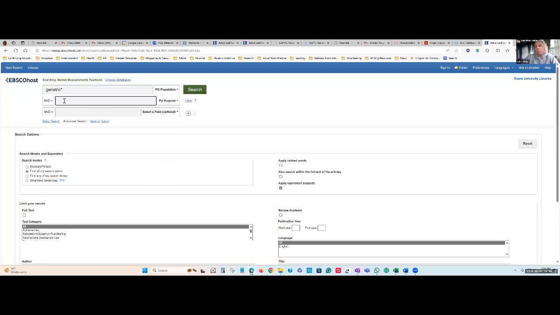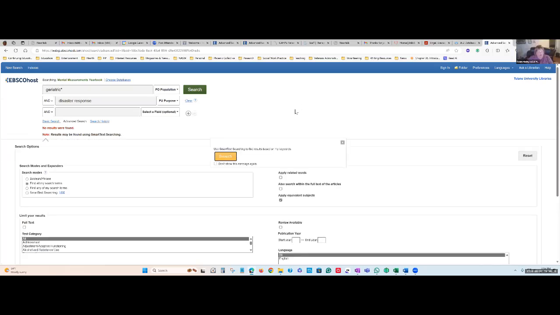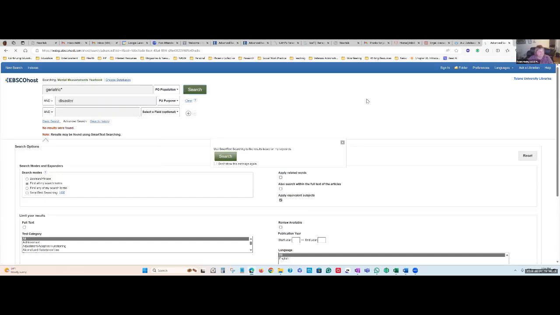Disaster cleanup. We'll merge Heidi and my stuff. Yep, no results for that one. Oh man, I know, old people don't have disasters apparently. Yeah, right. So that was really nice.